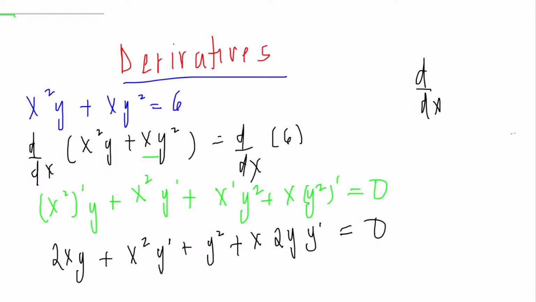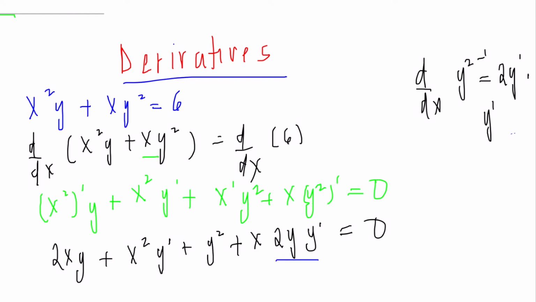So if we have d all over dx of y squared, first we differentiate the outside function by bringing the 2 down, so it's going to be 2y raised to power 1. We just subtracted 1 from the above power, and then we multiply that with the derivative of y itself, the inside function, that's going to be y prime. So we would end up with something like what we have here, and that is all equal to 0.